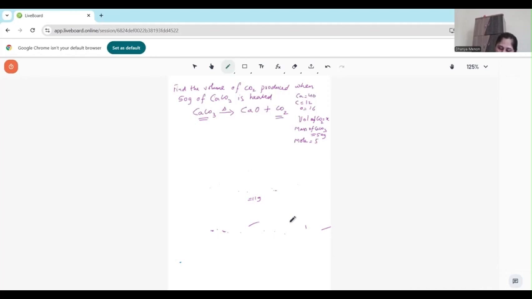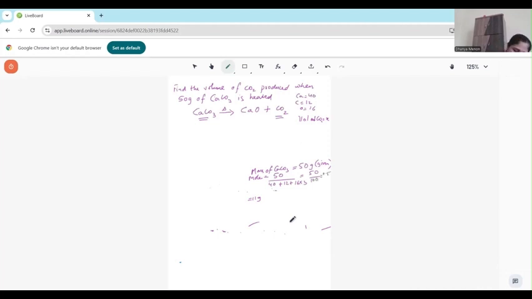The molar mass is how much? Calcium is 40, carbon is 12, oxygen is 16 times 3, because there are 3 oxygen atoms. This is equal to 0.5 moles.